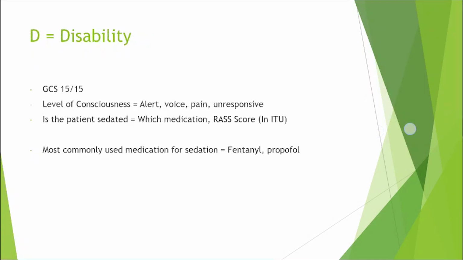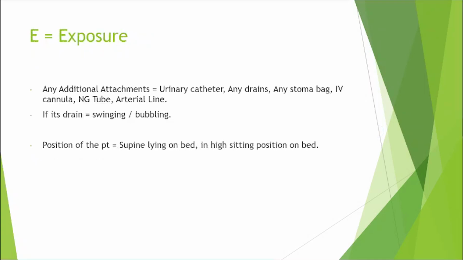Now next is E, which is exposure. When we are going to assess a patient, the patient most of the time has some additional attachments. These can be a urinary catheter, any kind of drain, any stoma bag, IV cannula, NG tube, arterial line.